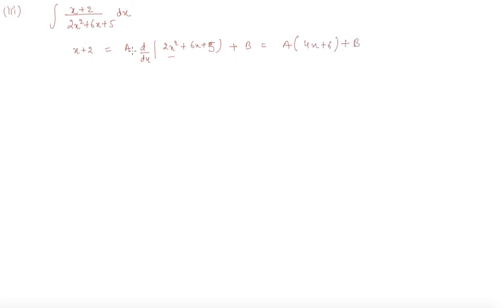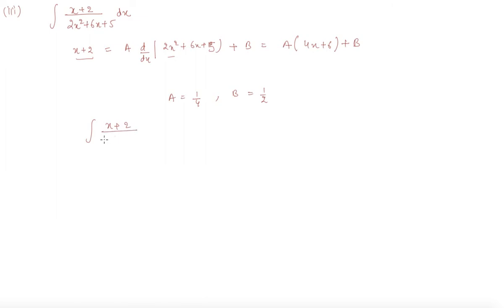If we equate, we'll get the value of a as 1 by 4 and b as half.